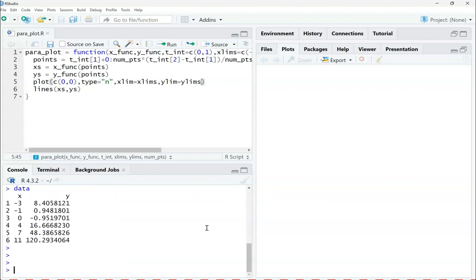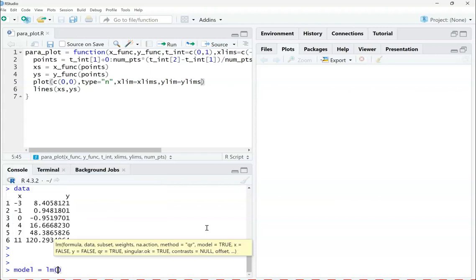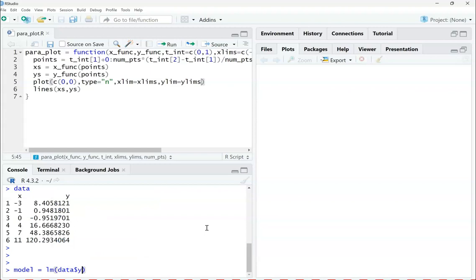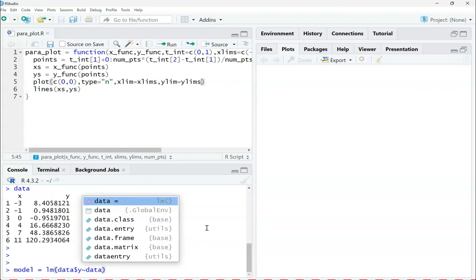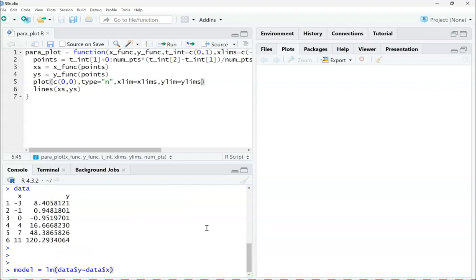Okay. So then again, remember, we can save our model as some variable name. I'll just call it model. Remember, the LM stands for linear model, but it means that you're linear in the coefficients, right? Not linear in the type of function you're trying to create. It means it's linear in the coefficients. The syntax for this, again, you reference your y values and you want them in terms of the x values, right?